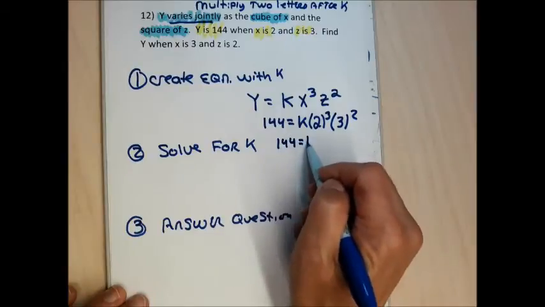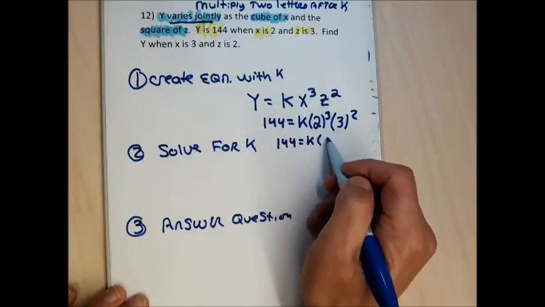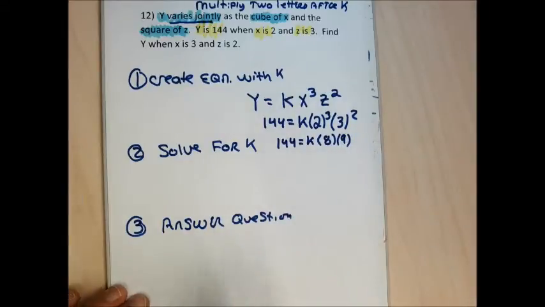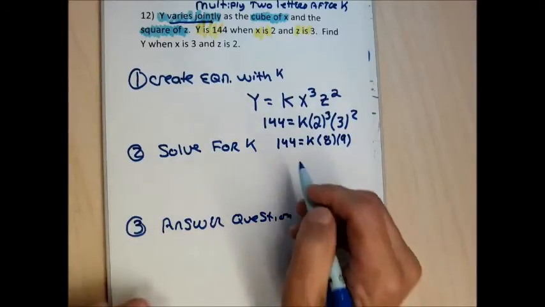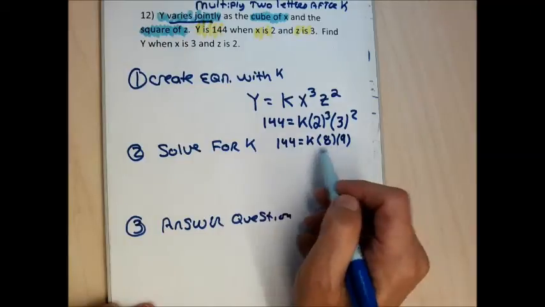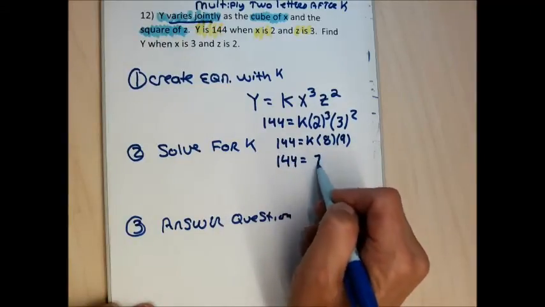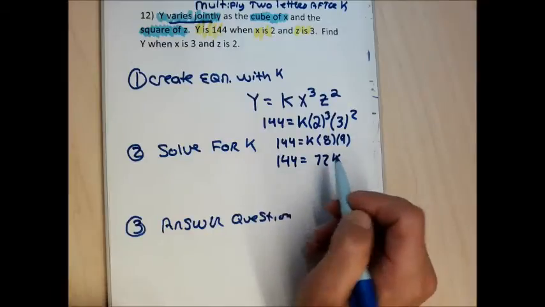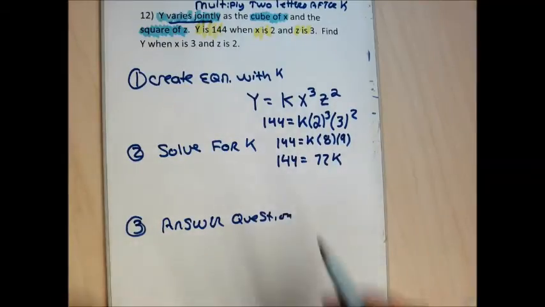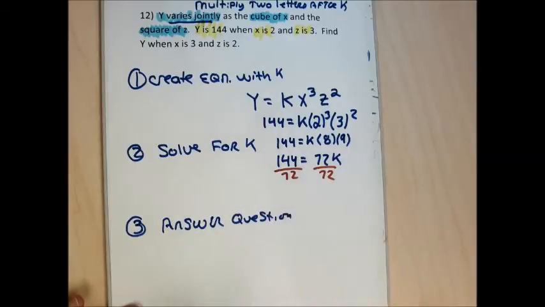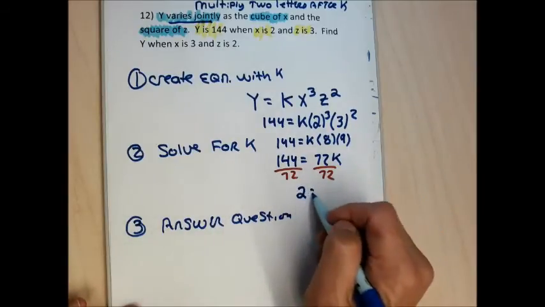I'm going to do my exponents on the right side first. 2 cubed is 8. 3 squared is 9. So the equation simplifies to 144 equals k times 8 times 9, which gives me 144 equals 72k, because 8 times 9 is 72. And now I'm going to divide both sides by 72 and get 2 equal to k.